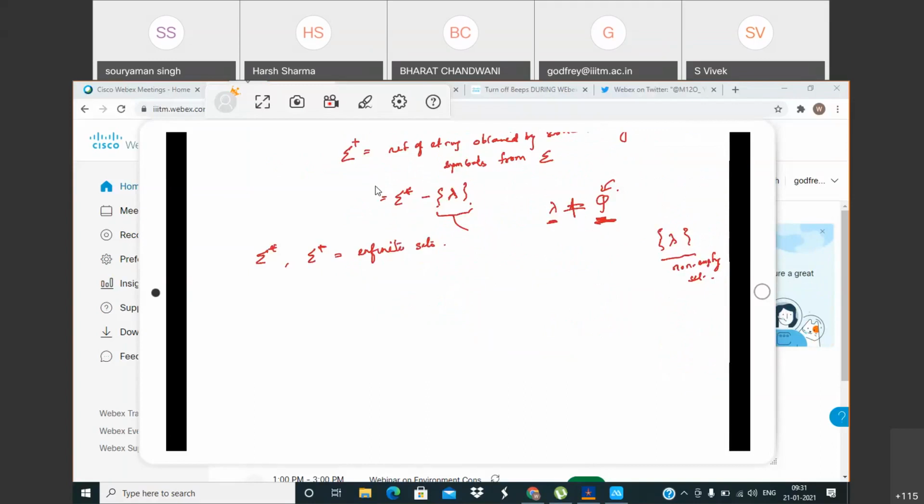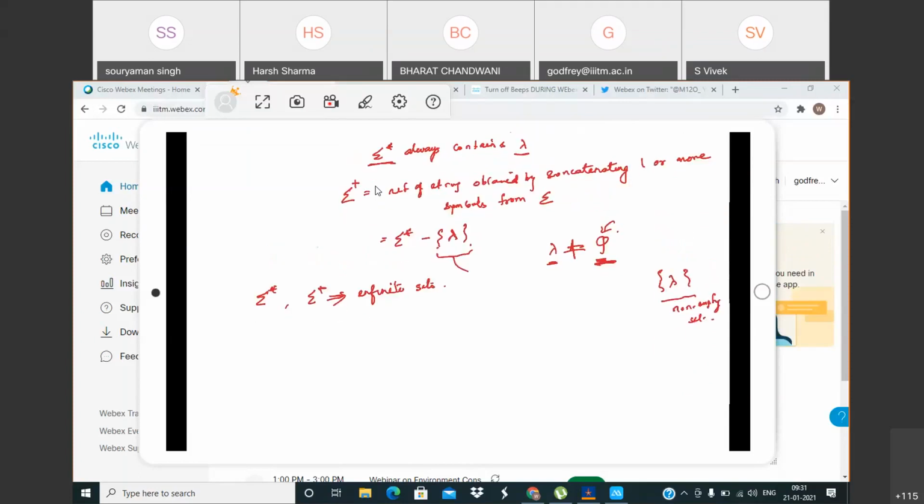Why are they infinite sets? Because there is no limit on the length of the strings in these sets.